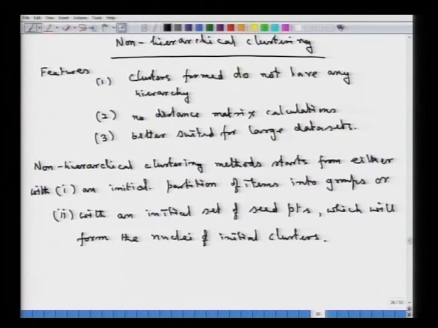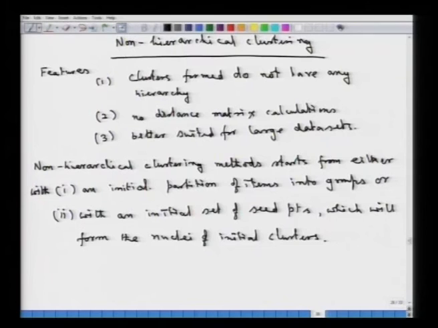And how do non-hierarchical clustering methods start? When we have a hierarchical clustering method, we start with a distance matrix. When we have a non-hierarchical clustering method, it starts with either an initial partition of items into groups. If there are k clusters in the data, we start with an initial randomly chosen k clusters, which are a partition of the data set, or we start with k seed points, k multidimensional points randomly chosen.